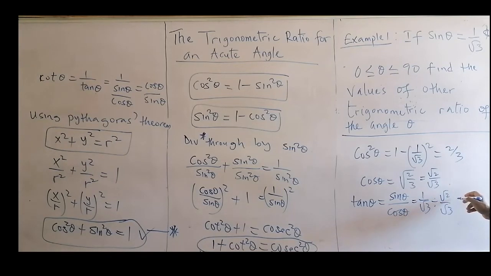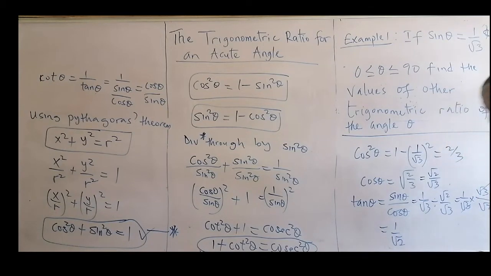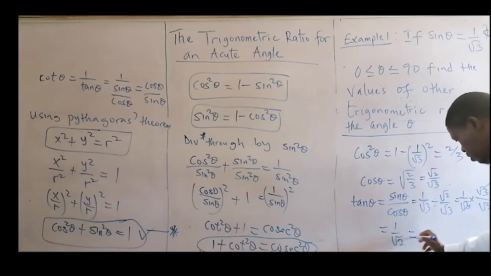Change this to multiplication, and that will be 1 over root 3 times root 3 over root 2. So this one and this one will cancel out. Then you have 1 over root 2, which you can rationalize, times root 2 over root 2. That will be root 2 over 2.